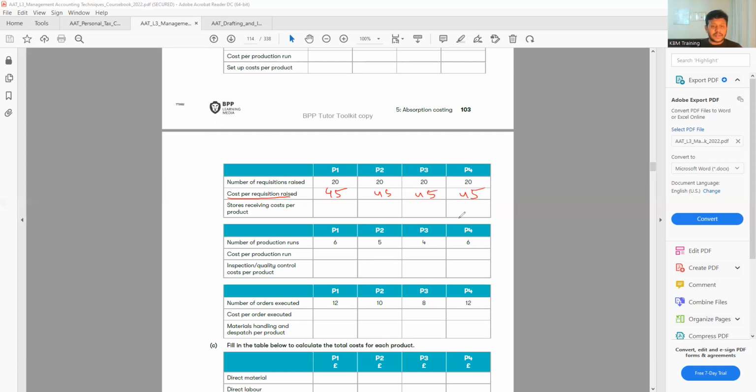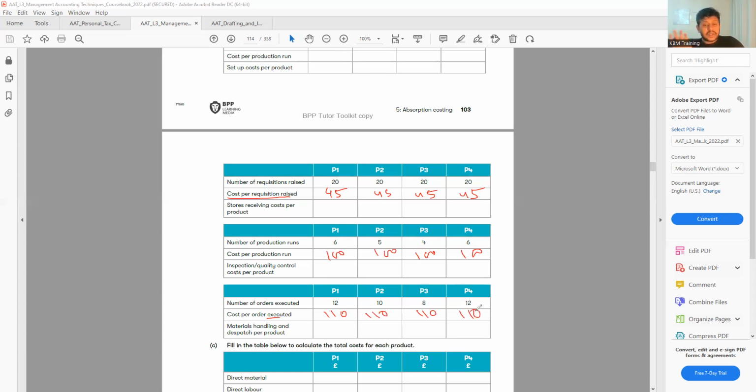All you have to do is multiply with that. The next one is production run, which will be 100 for each. And the last one is for the number of orders executed, 110 for each.